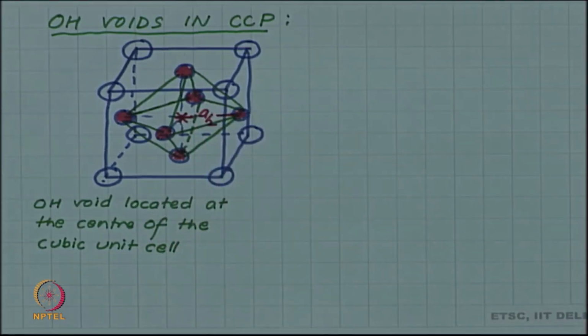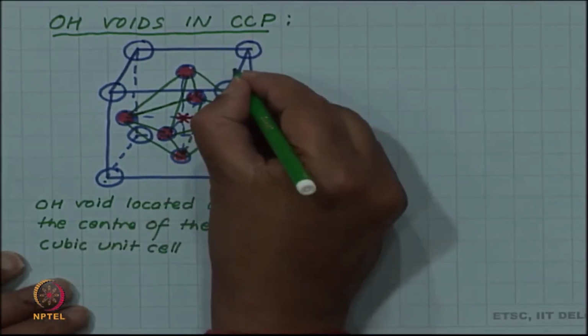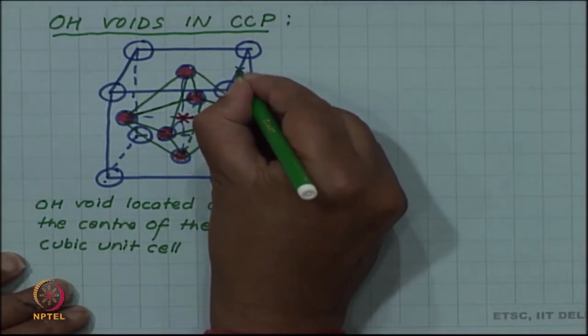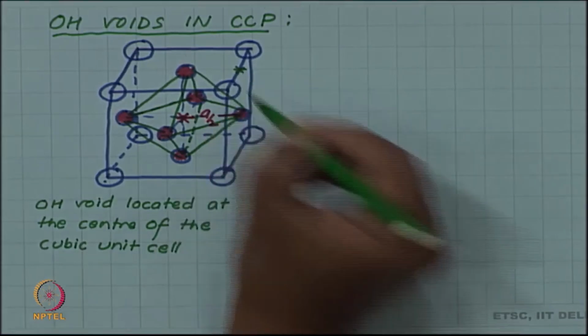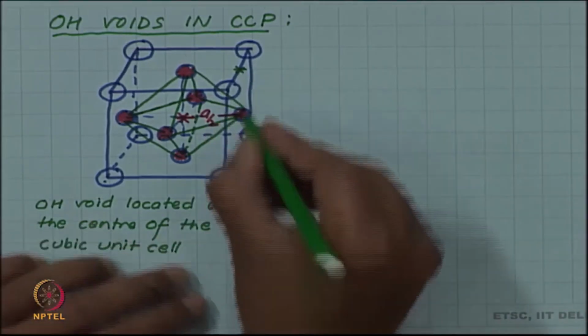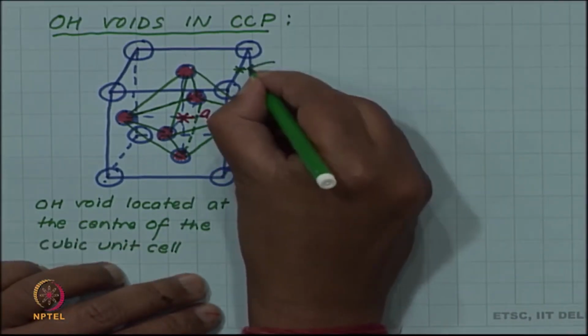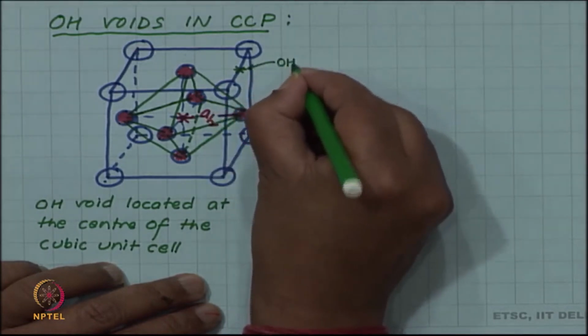With this in view, if you now examine the center of the edges of the cube, you find that the center of the edge is also a location of an octahedral void.